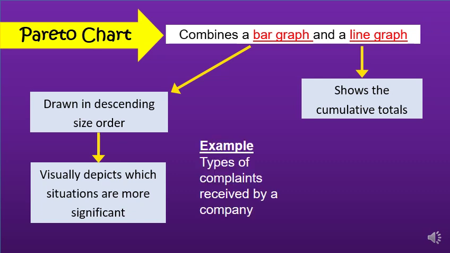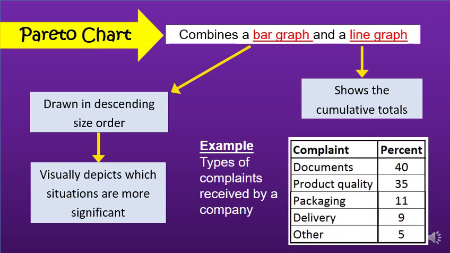So for example, we're going to look at the types of complaints received by a company, given in a table here. So we see there are various different types of complaints, different categories, and we have 40% of the complaints are related to the category of documents, 35% of the complaints relate to the category product quality.